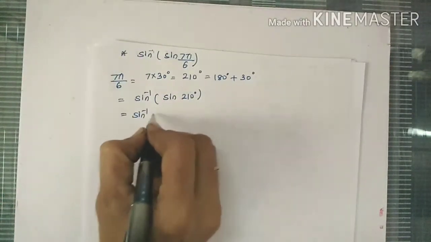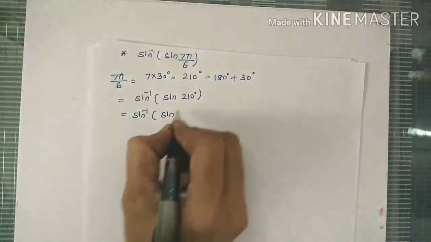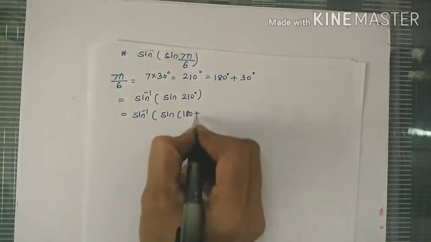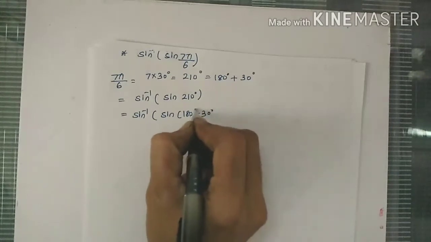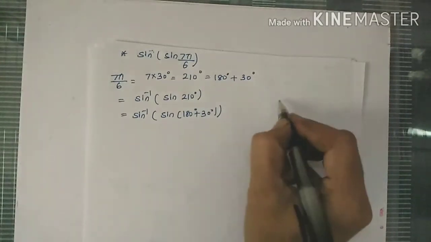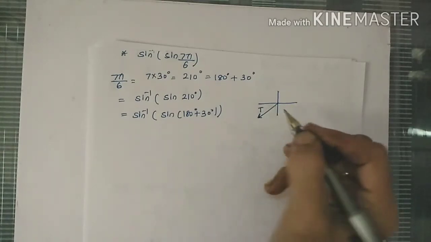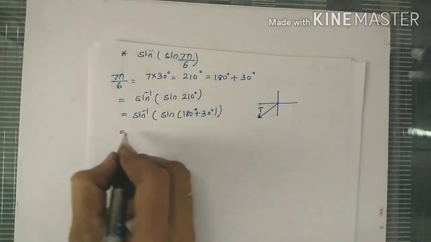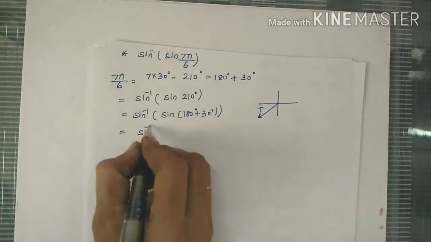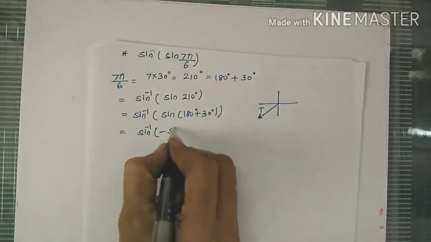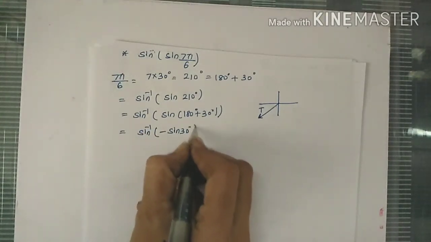Now 210 degrees is 180 plus 30. The ratio does not change for 180, but 180 plus 30 lies in the third quadrant where tan is positive, so sine is negative. So we get sine inverse of minus sine 30 degrees.